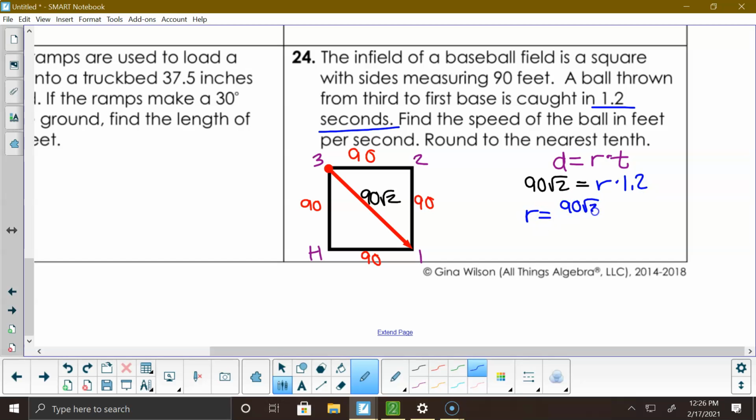So rate is distance divided by 1.2 seconds. Maybe take you, what do I get? Square root of 2, all divided by 1.2. Alright, you just want to retype it.